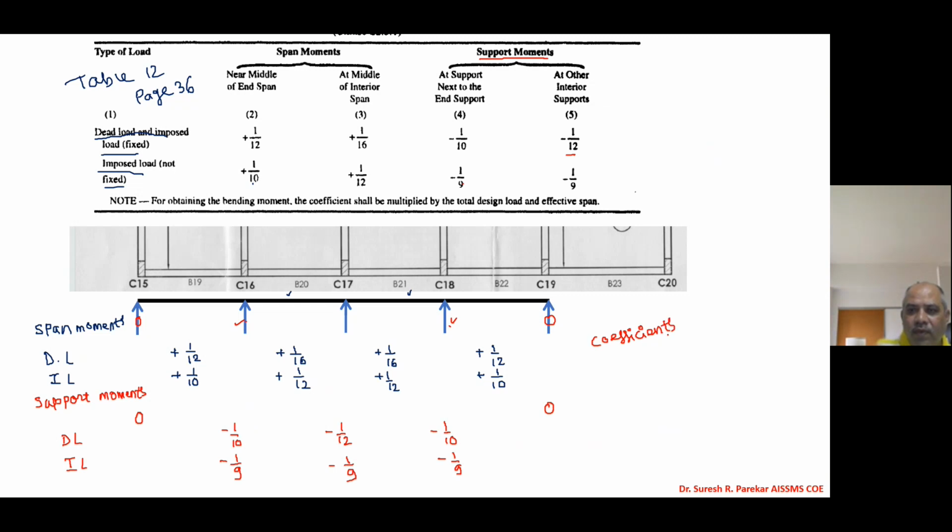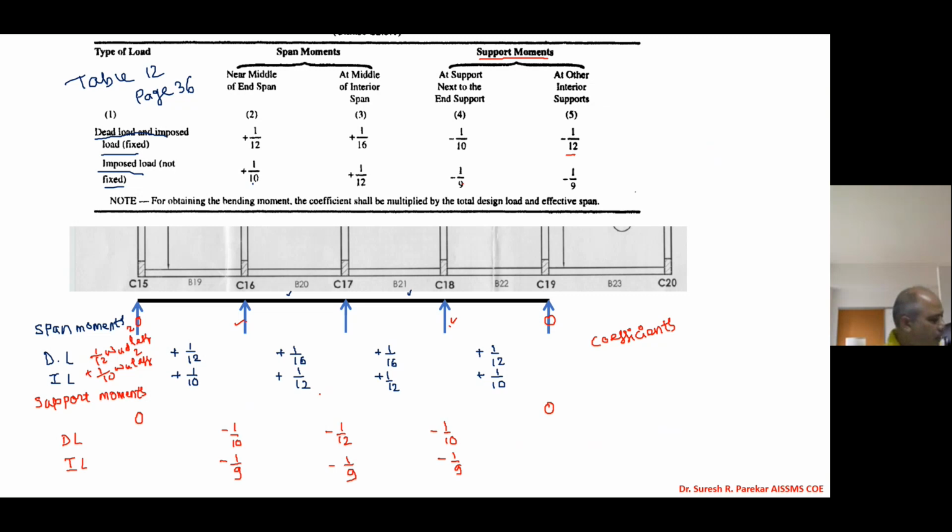And we know we have to multiply them. Suppose we have the dead load coefficient of 1/12, then we get 1/12 WD into L effective square. And for imposed load, we have plus 1/10 WL into L effective square. And then we get the bending moment.